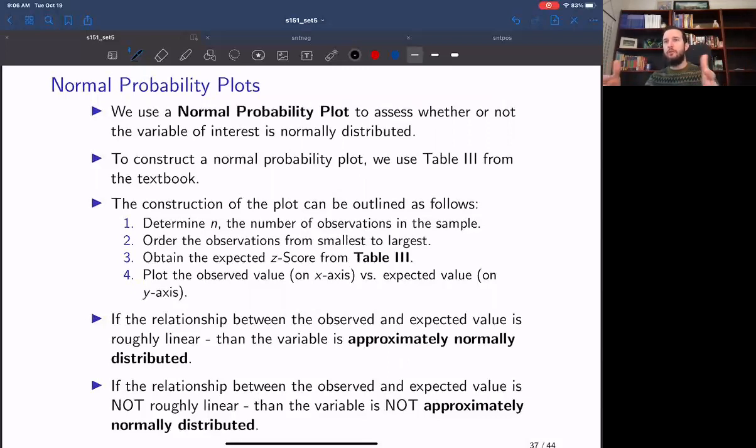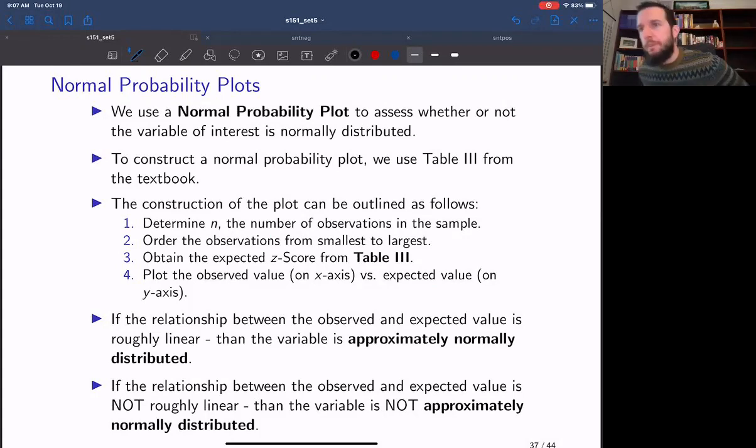You're just given the values and you'd like to answer the question, is there evidence that this set of values might belong to a normal distribution? The normal probability plot is our tool for answering that question. So it's a visual tool that allows us to determine if the data that we are working with gives evidence that the variable of interest belongs to a normal distribution.